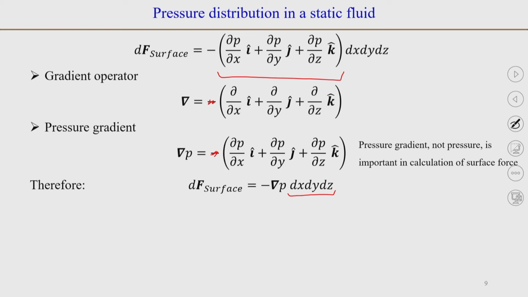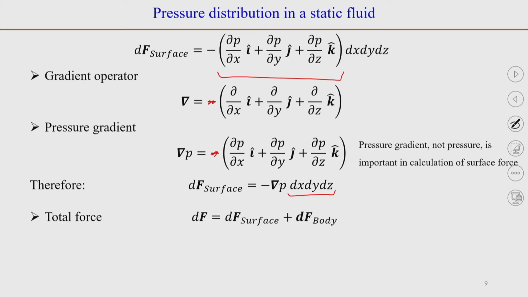So, the surface force is negative of pressure gradient. We can see that in the calculation of surface force, it is not the pressure itself, but the pressure gradient which is important in a static fluid.